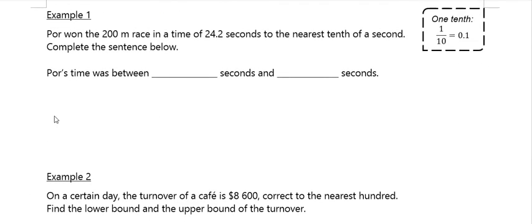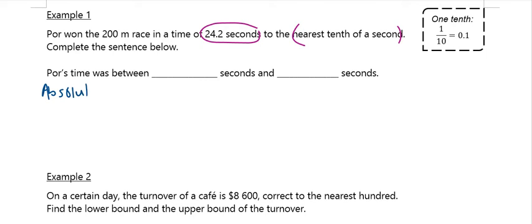Example number 1. Por won the 200-meter race in a time of 24.2 seconds to the nearest tenth of a second. Complete the sentence below. So Por's time was between how many seconds and how many seconds? Here we know that 1/10 is 0.1. Firstly, you have to count your absolute error.